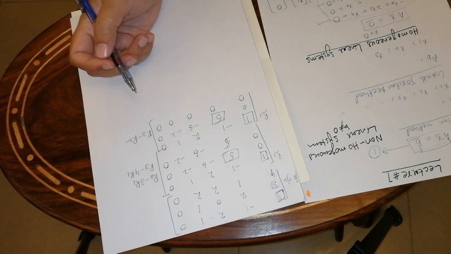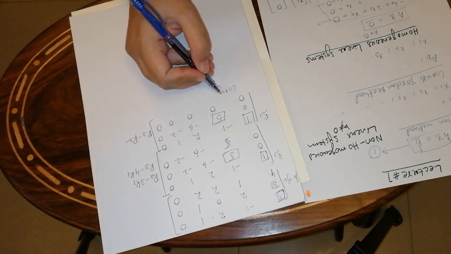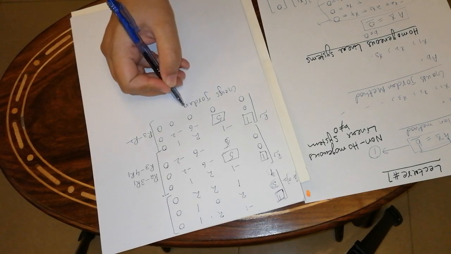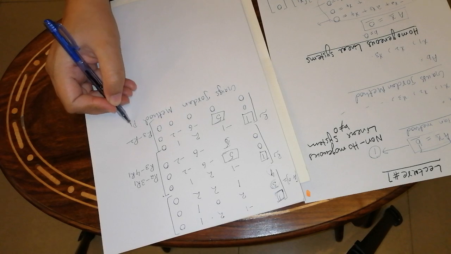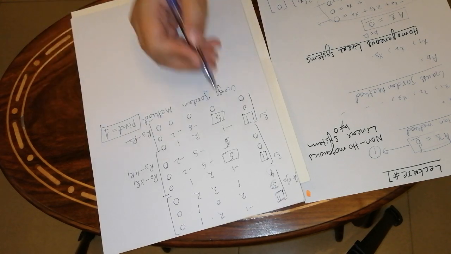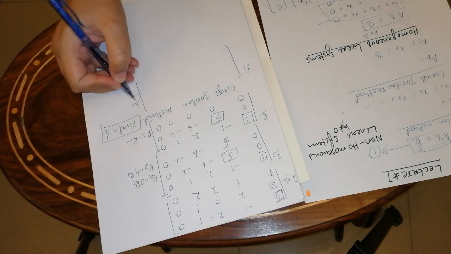Now we have to make the pivot entry equal to 1, because in Gauss-Jordan method, the pivot entry must be equal to 1. To make this pivot equal to 1, we divide the whole row by 5.